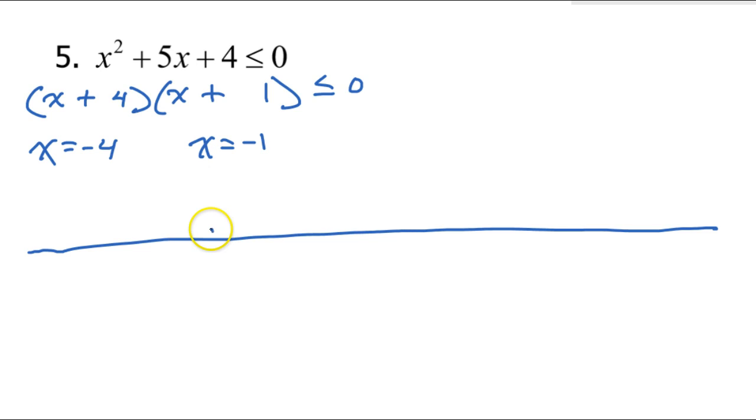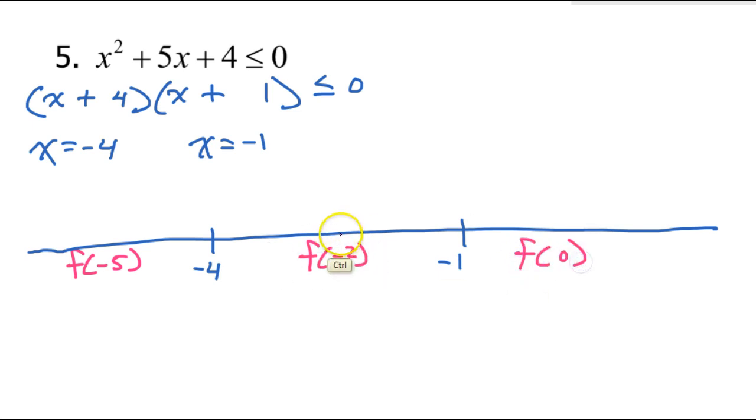So let's see, I've got -4 here and -1 here. So I need to do some test values. So in the first interval, I'll do f at -5. In this interval, I'll do f at -2. And in this interval, I'll do f at 0. You know what? I like to color coordinate these.